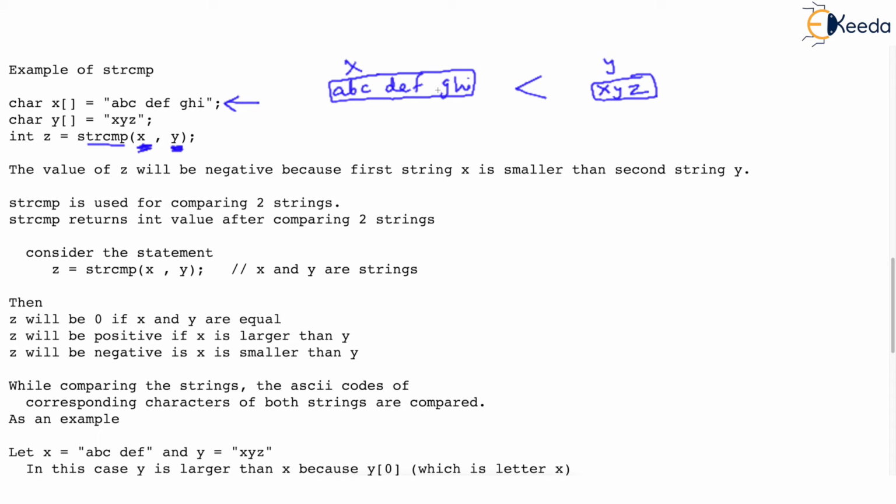So definitely x should be larger than y. But what I am claiming, what I am saying, is that x is less than y. How come? Here we go. When strcmp compares x with y, it compares the 0th letter of x with the 0th letter of y.